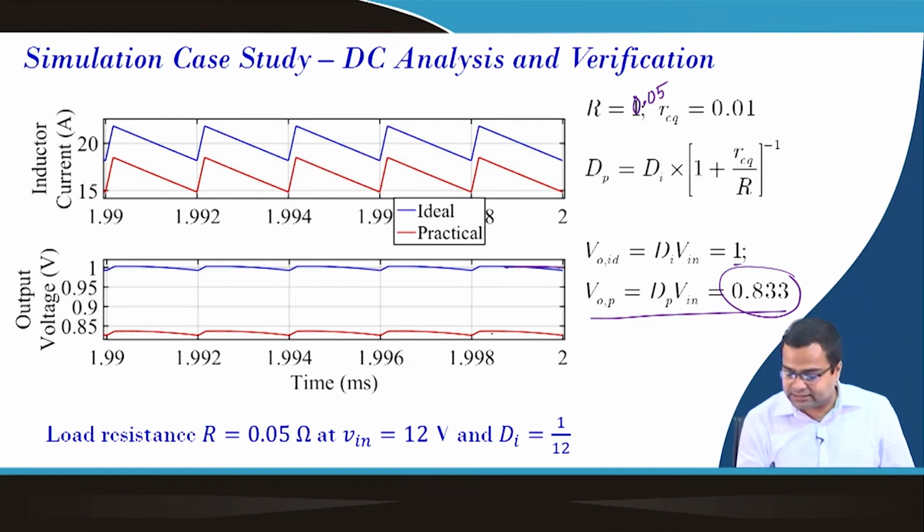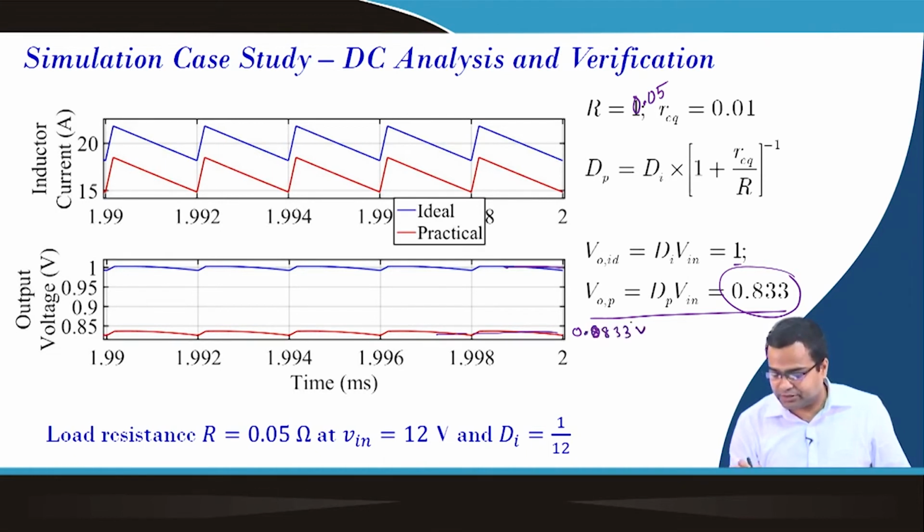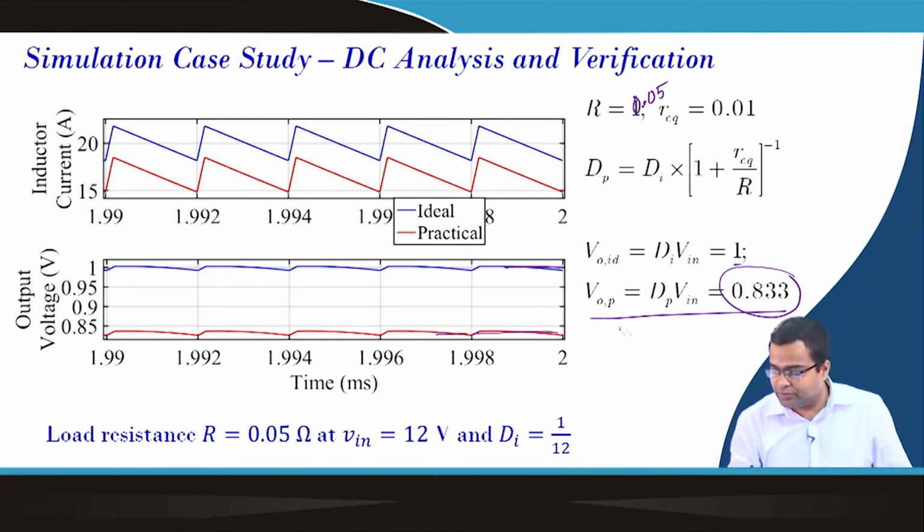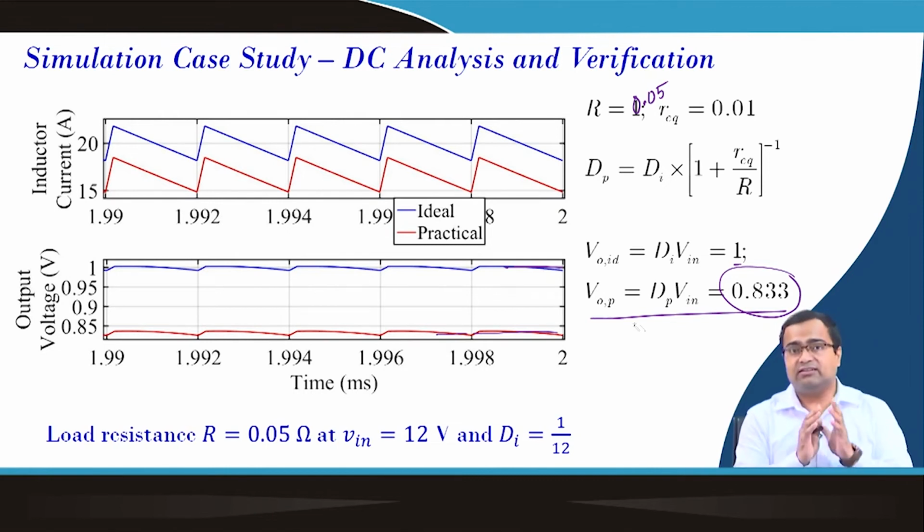That means, if we take this average, it is coming to be 0.833 volt. So, we can reasonably predict this practical output average voltage from our DC equivalent circuit, and that we have shown and matched with the simulation result.